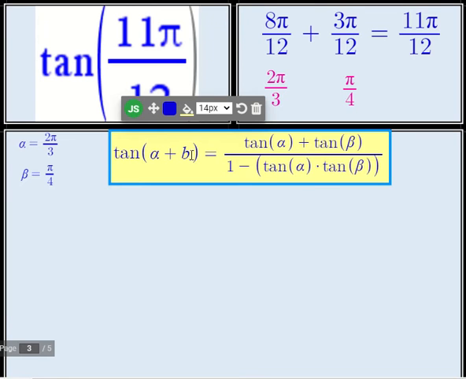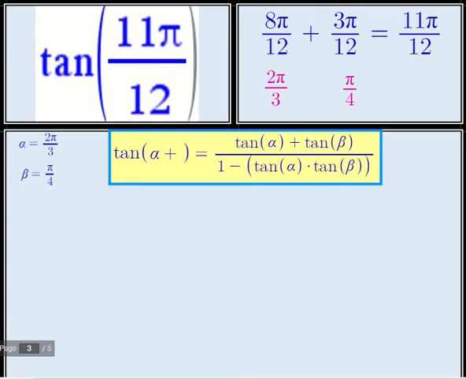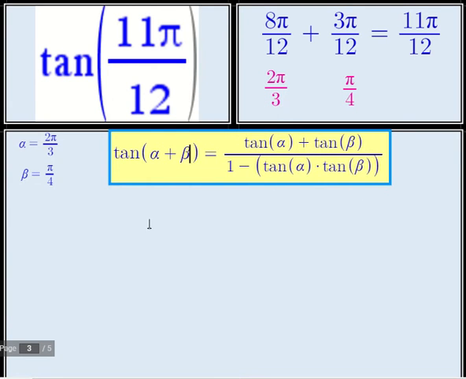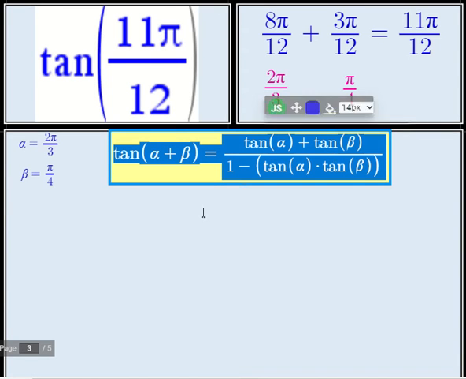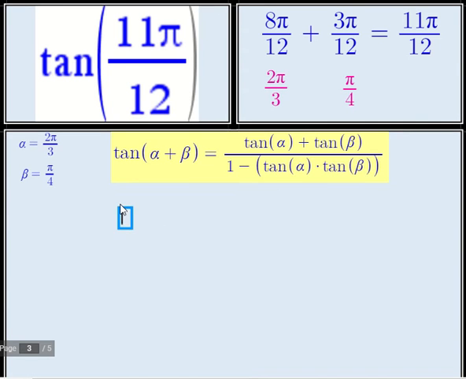So we're going to take our formula, and everywhere that we have alpha, we're going to replace alpha with 2 pi over 3, because alpha is 2 pi over 3. Beta is pi over 4. So let's copy our formula and do our substitution.